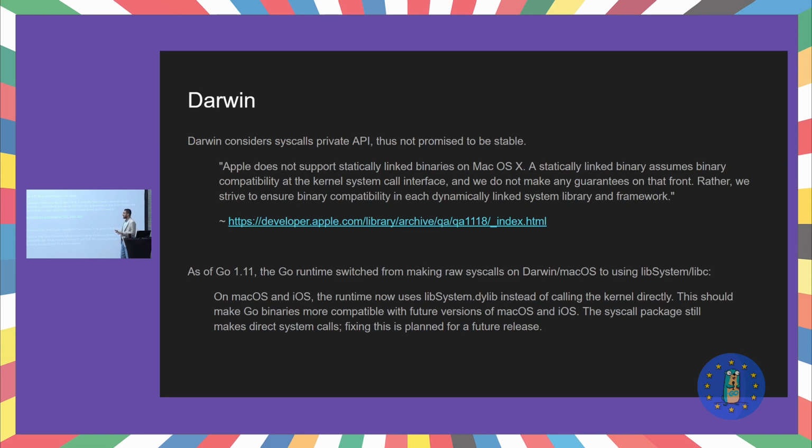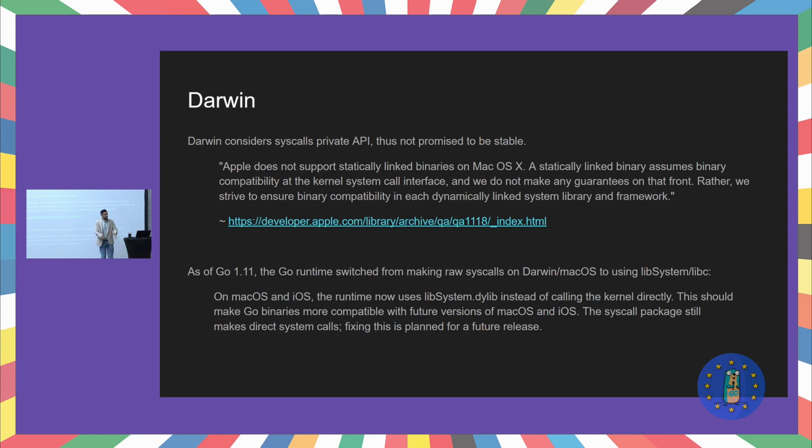Now, on Darwin, they had a similar case, but slightly different. In Darwin, they didn't have the system call origin verification, but Apple considers the syscall interface to be private API. It's there, but you're not expected to call it. You're supposed to use libc of Darwin.